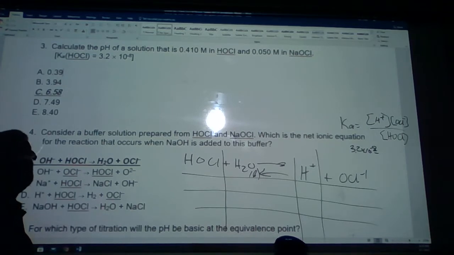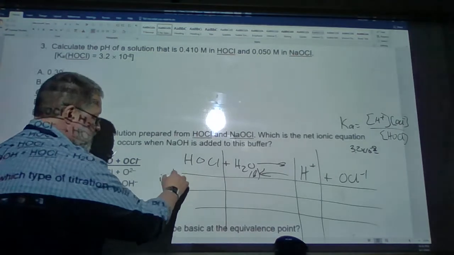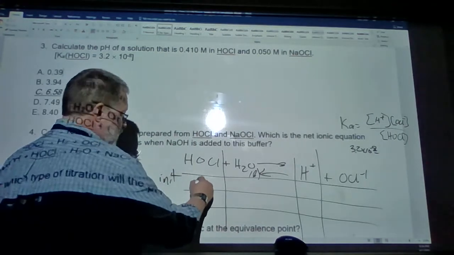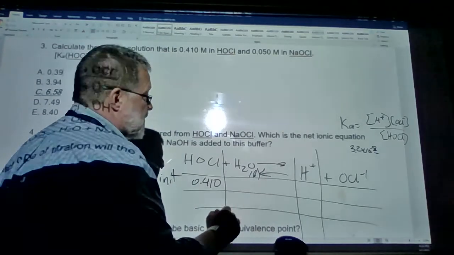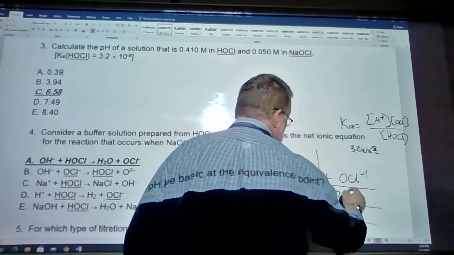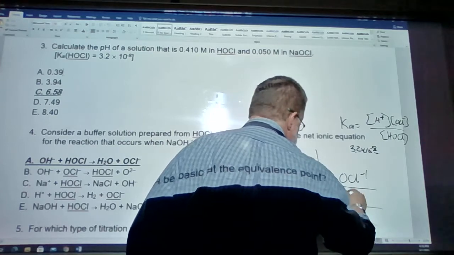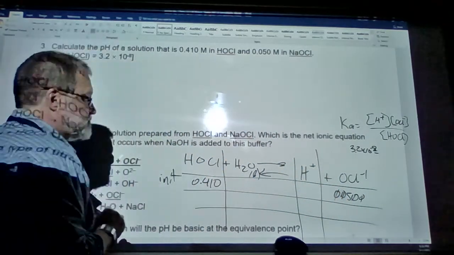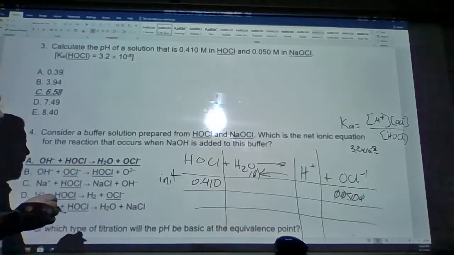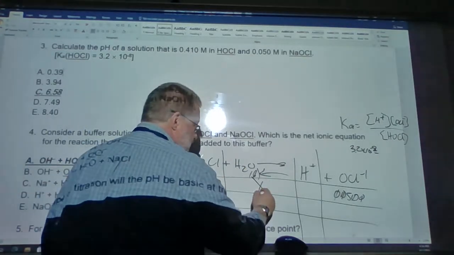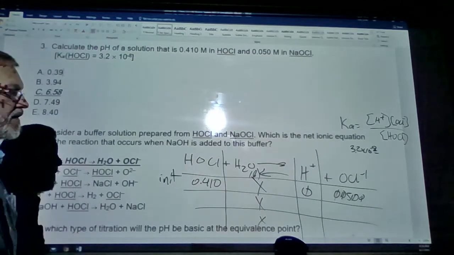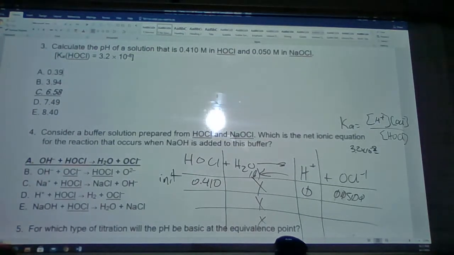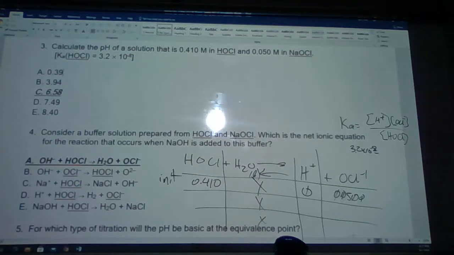Initially we have 0.410 and initially 0.050. Initially, our H plus is 0. We mix the HOCl and the OCl together.